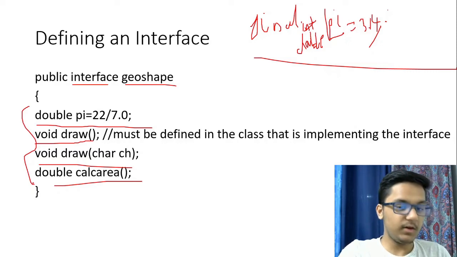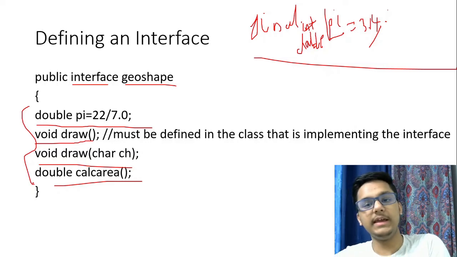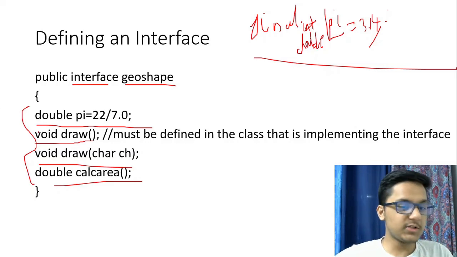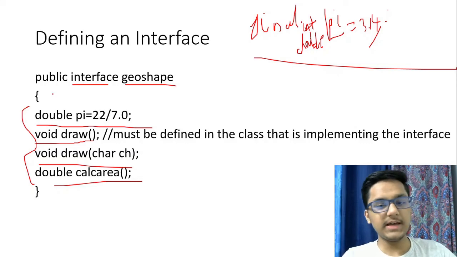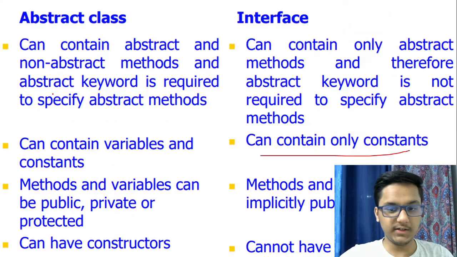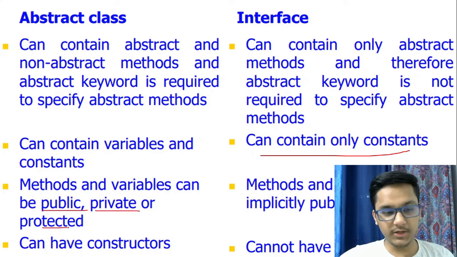And if these variables are, let's say, protected or private, then we won't be able to inherit them. If they're private, then there's just no point. And if they're protected, then we cannot inherit them in another package. So that's why these are implicitly public, so that we can use them in all different kinds of child classes. In an abstract class, however, we can specify if they are public, private, or protected.